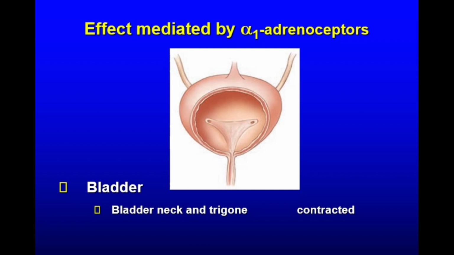In the smooth muscle of the bladder, the trigone and bladder neck are innervated by sympathetic neurons, and noradrenaline via alpha-1 adrenoceptor causes contraction of the trigone and bladder neck.